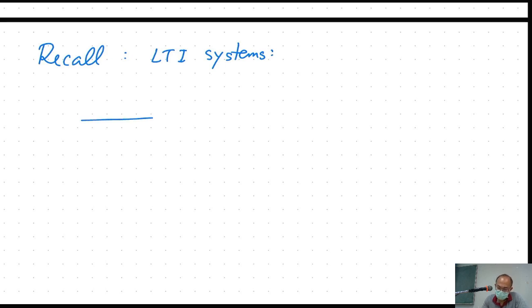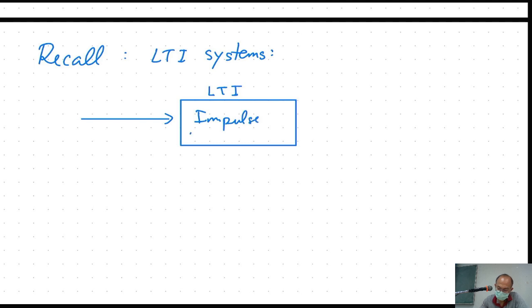If you have an LTI system, the impulse response of which is h(t). So let's suppose that h(t) is given. Now we're giving the input x(t) to this system, and we measure the output y(t) out of this system.